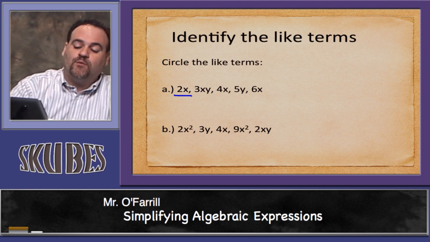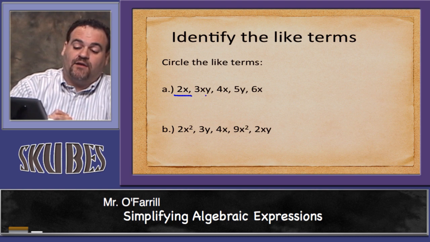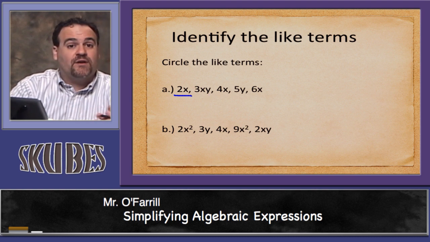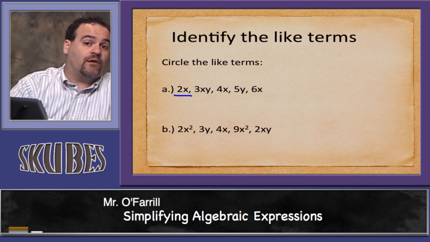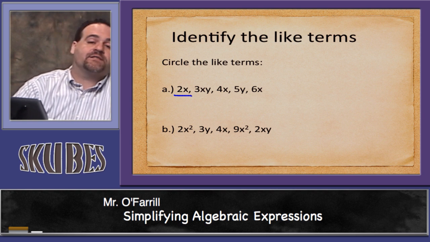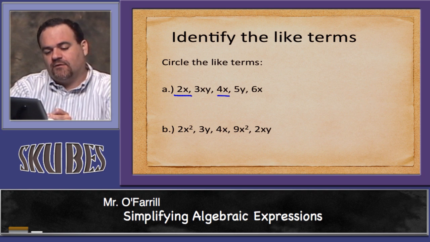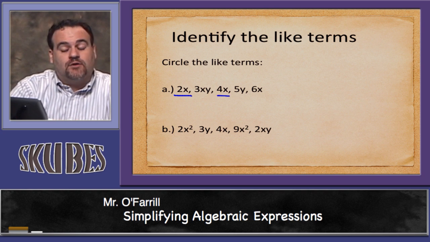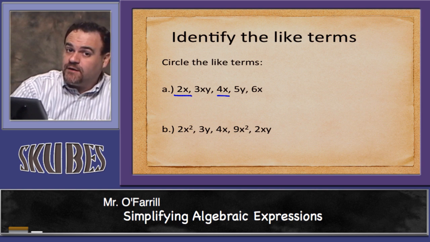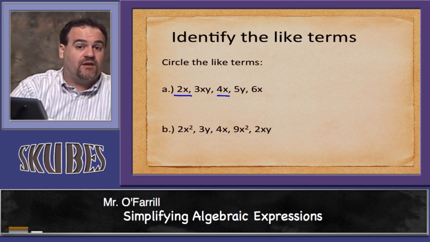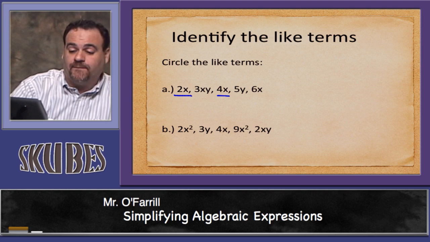Well, no, because we wouldn't call this a 3x, it's 3xy. So this is called an xy term, not the same as an x term. How about this one? 4x. Are there any other variables other than the x there? No. Is x being raised to the same exponent? Yes, it is. I don't see an exponent at all, in fact. So these are like terms.